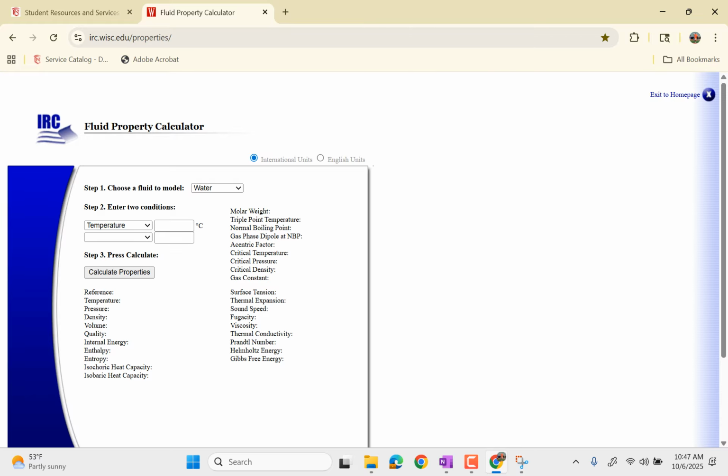This has to be in Kelvin. We have that it's 40 degrees Celsius, so this is 313. And then absolute pressure is in kilopascals. We have 7 bar, which is 700 kilopascals.